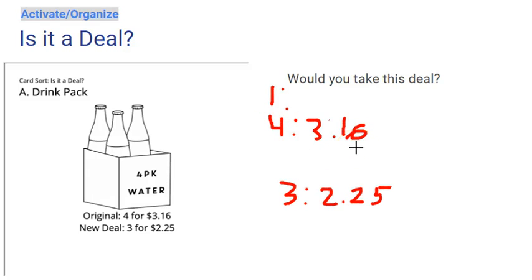Let's take that $3.16 and divide it by 4. Let's see, 4 will go into 31 7 times. Okay, and let's see, that would give us 28. That'd be 3, 36. 4 into 36 would be 9. So the original deal is 1 bottle of water for 79 cents.